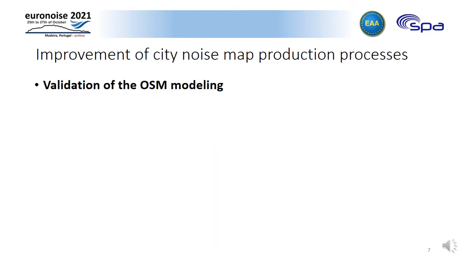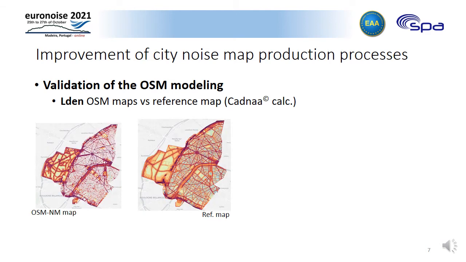To validate the new process we developed, OSM-based noise predictions were compared with the reference noise map of 5 districts of the city of Paris. The so-called reference map is the noise strategic maps calculated in the framework of the European Directive using the commercial software CadnaA.